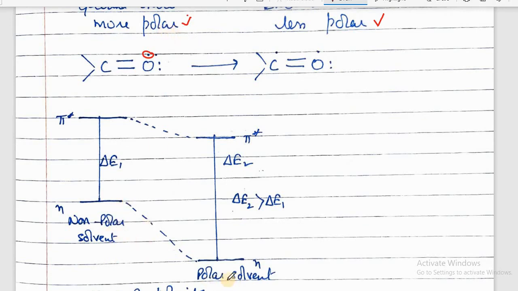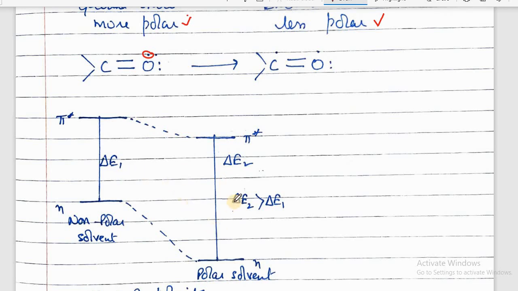So when the polarity of the solvent is increased, this ground state, which is more stable, will get more stabilized and its energy will decrease too much. While the pi star, which is less polar, will be stabilized to a lesser extent, and here this level is decreased too little.